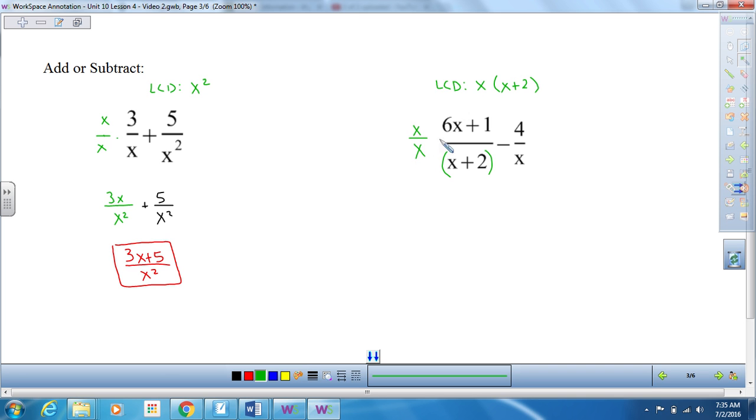So I'm going to multiply by x over x. That means I need to distribute on the top. You can leave the bottom in factored form, meaning you don't have to multiply it. Okay? This fraction is missing the x plus 2.